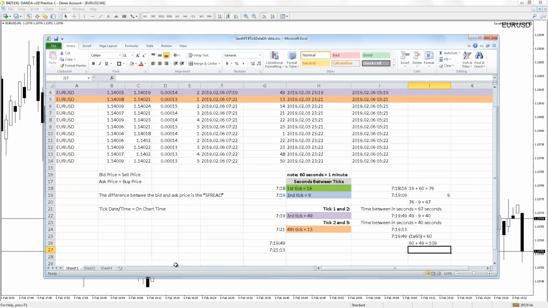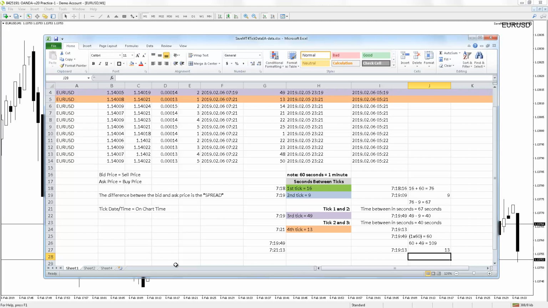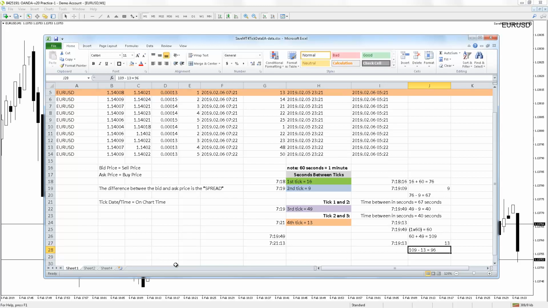So that's where we're starting with tick 3, right? Tick 4 is just 13. So now we have 109 minus 13 equals 96, right?